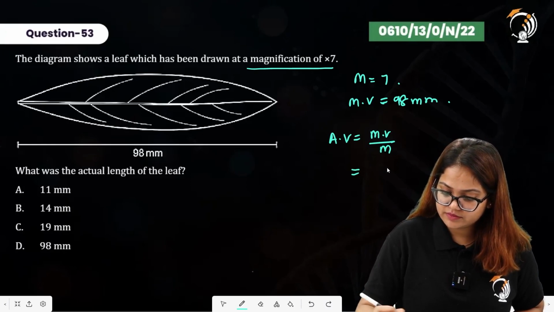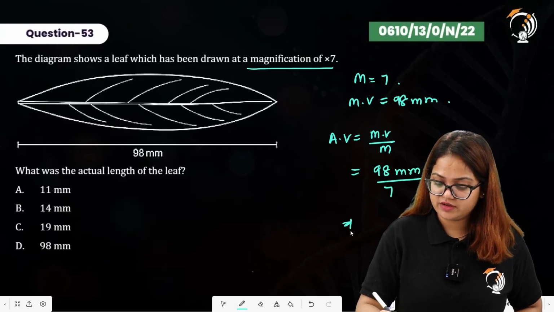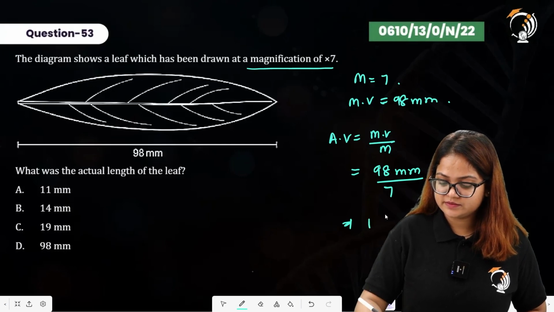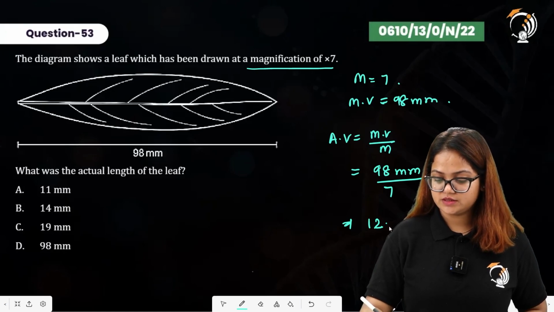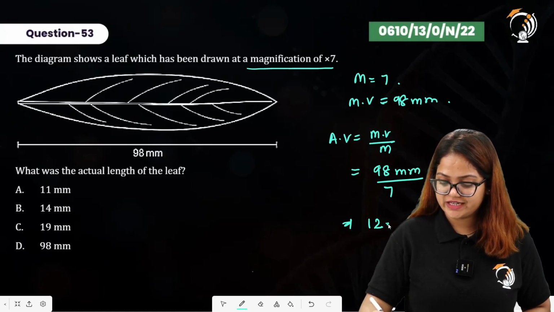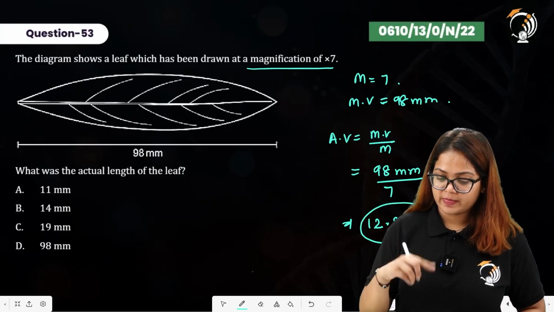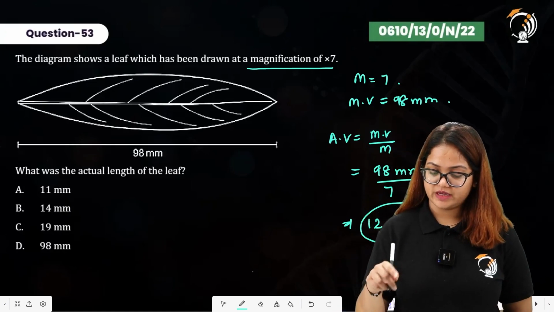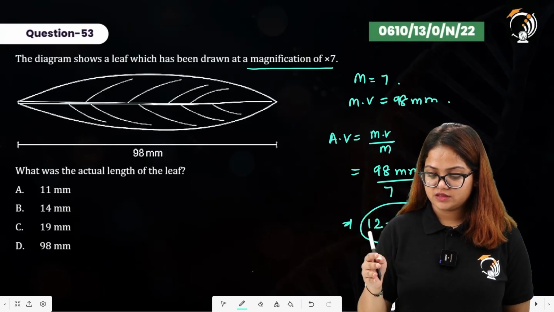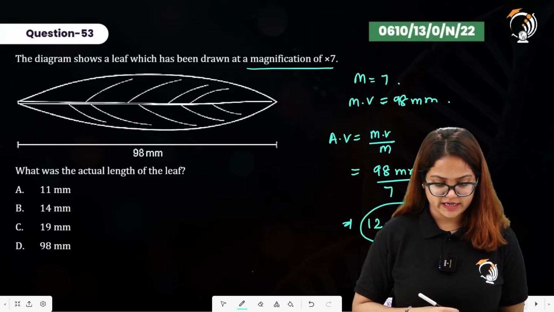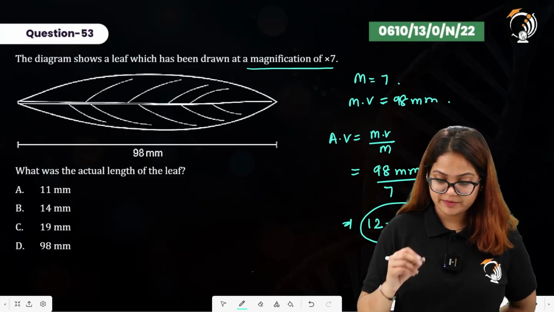This is 98 millimeter divided by 7. There might be some error.